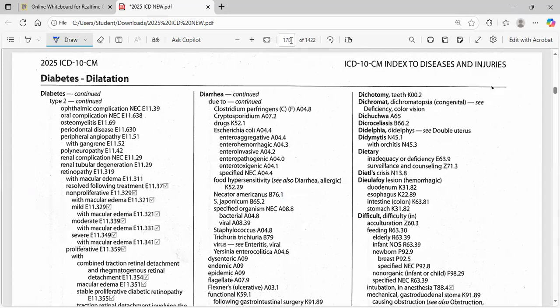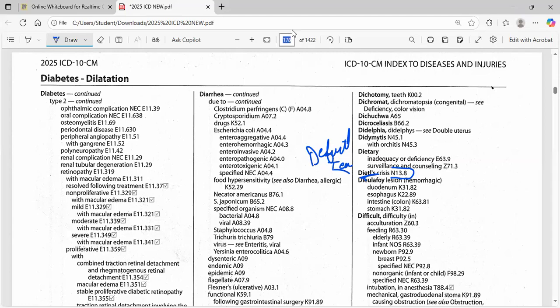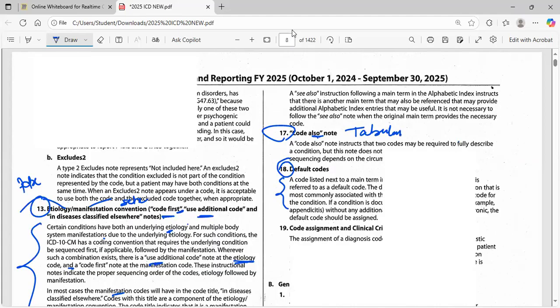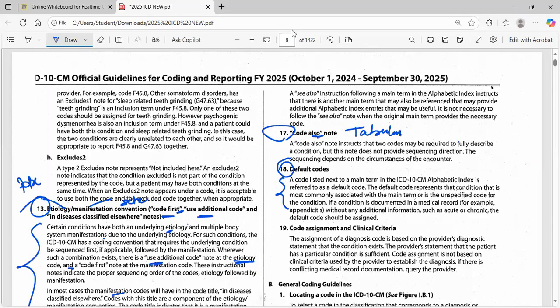This black bold term is known as the default term, and the code listed next to the black bold term is known as the default code. So default code means the code listed next to the black bold term, and default term means the unspecified term.